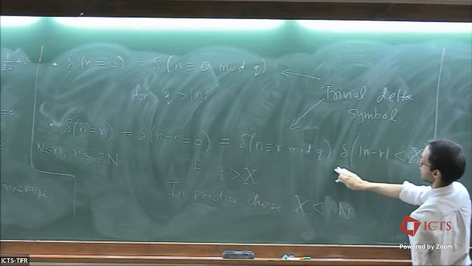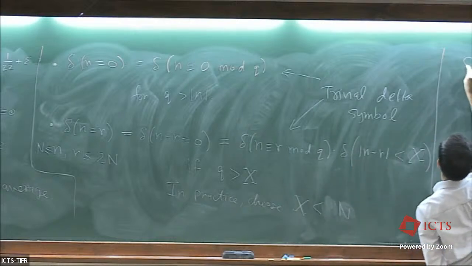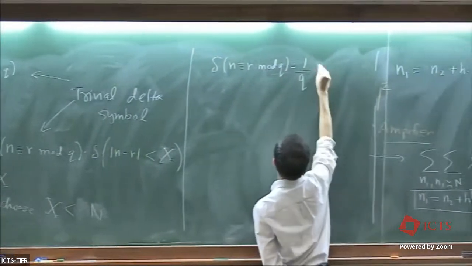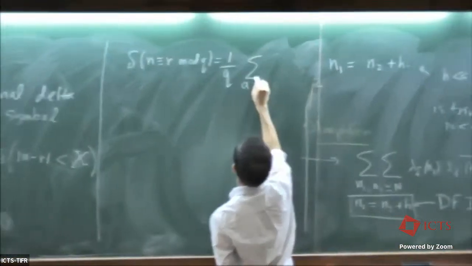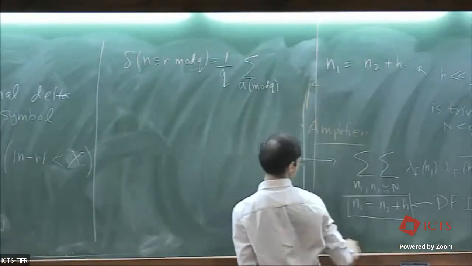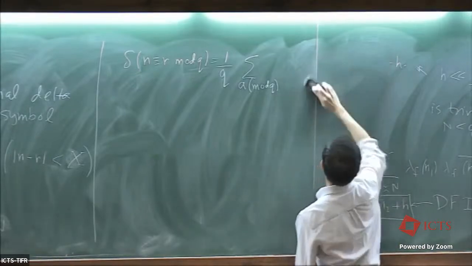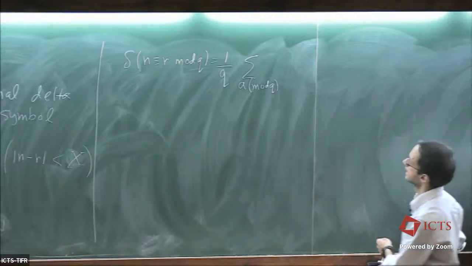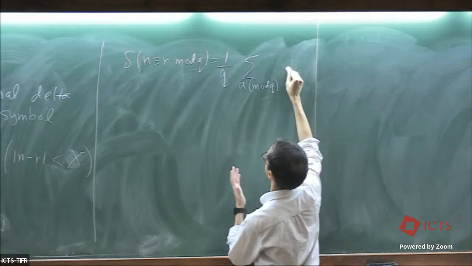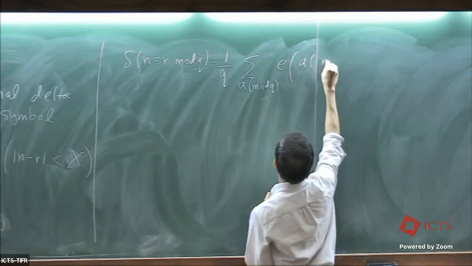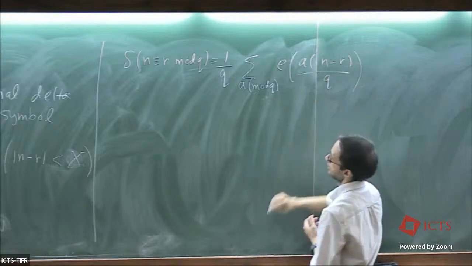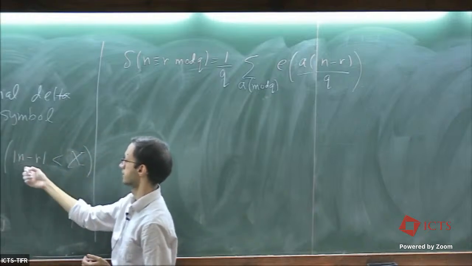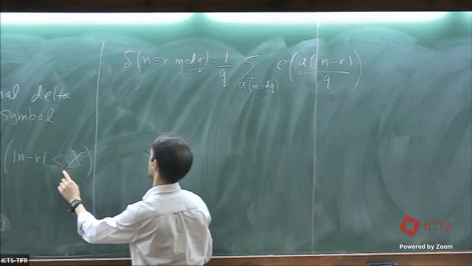And let's detect n is congruent to r mod q. So you can do that by additive characters. So you have a modulo q sum, right? You have e of a times (n minus r) over q. And yesterday we had this discussion about an integral, basically an integral to show this particular condition.